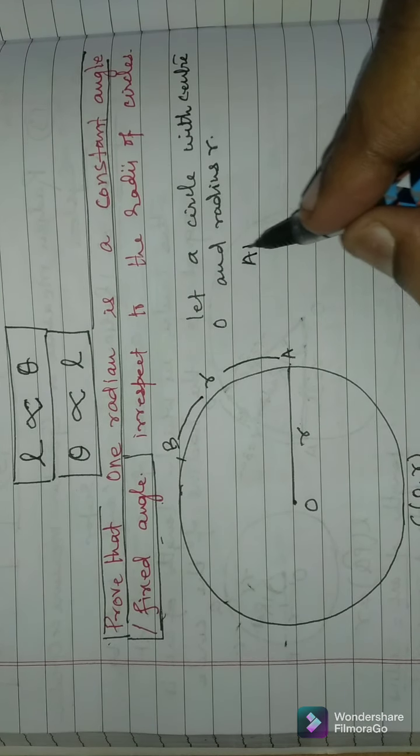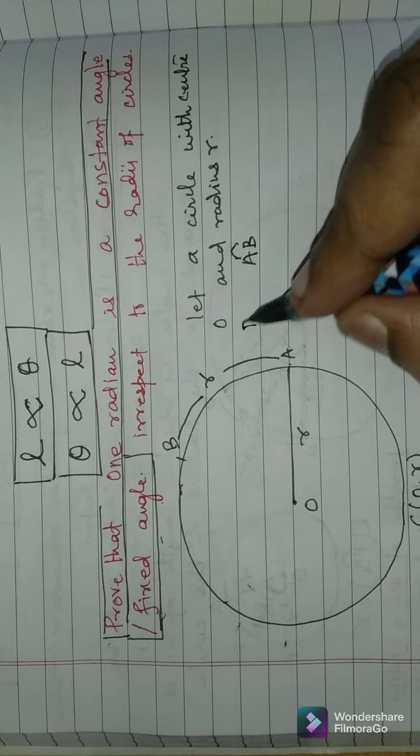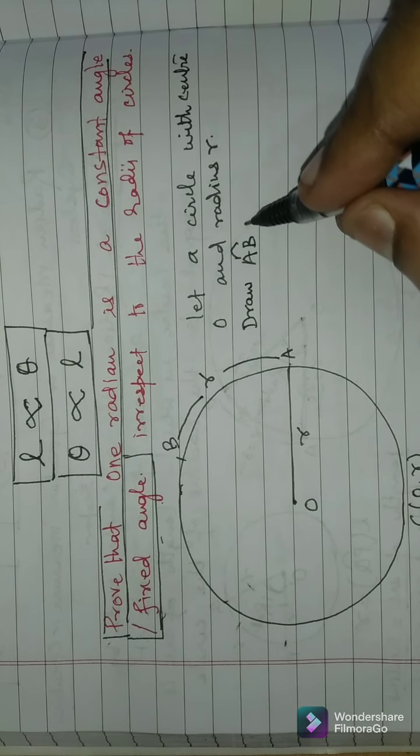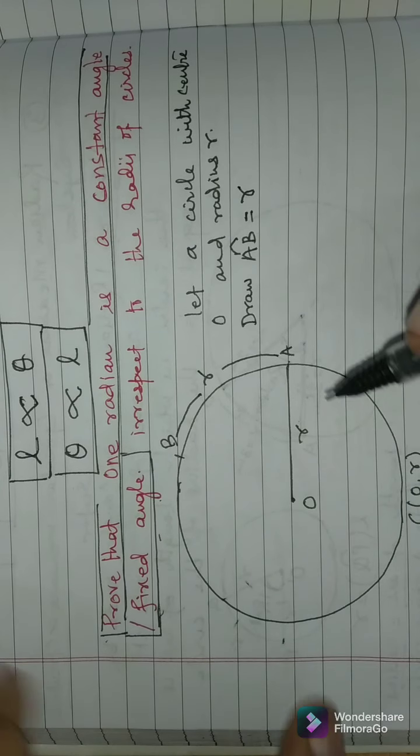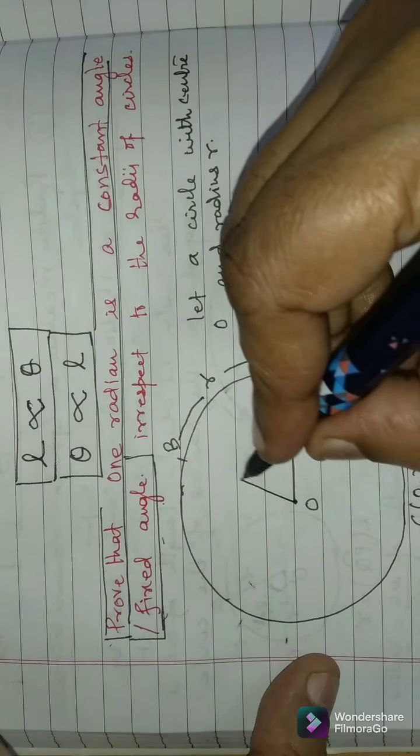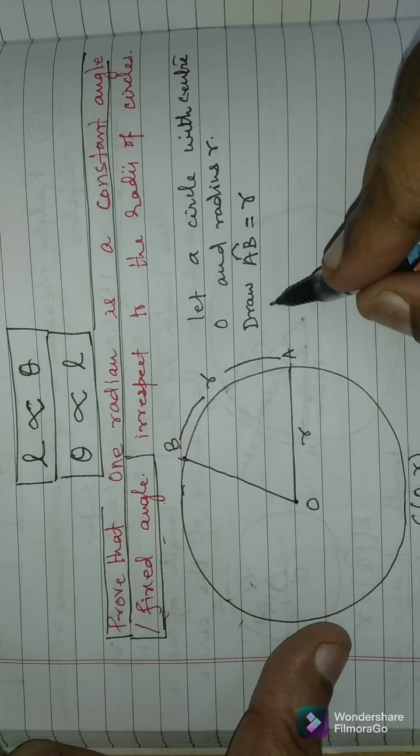So length of arc AB we have to draw in such a way that the length of arc is equal to radius.